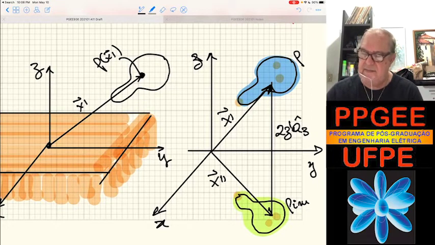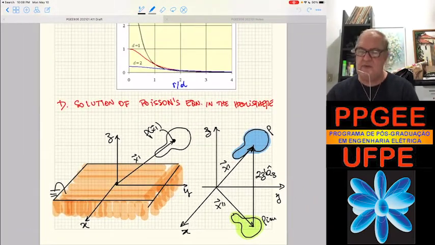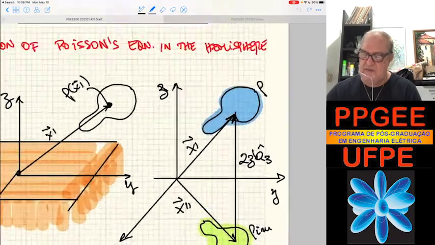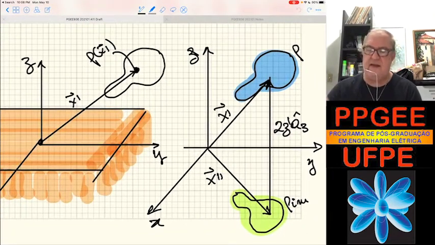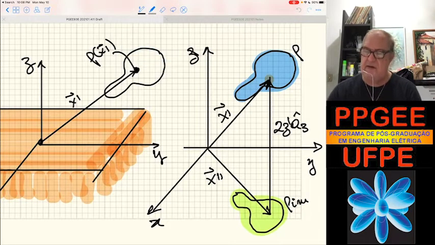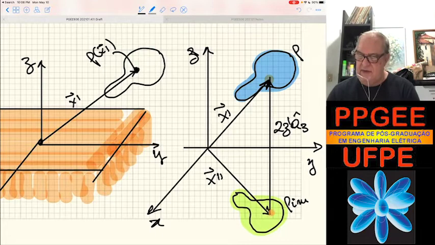So in this example, the image distribution is going to look like the mirror image of the original charge. For the location of the corresponding element for an element dv prime, you have an element corresponding to it, and it's just a matter of reflecting this vector here to that one.